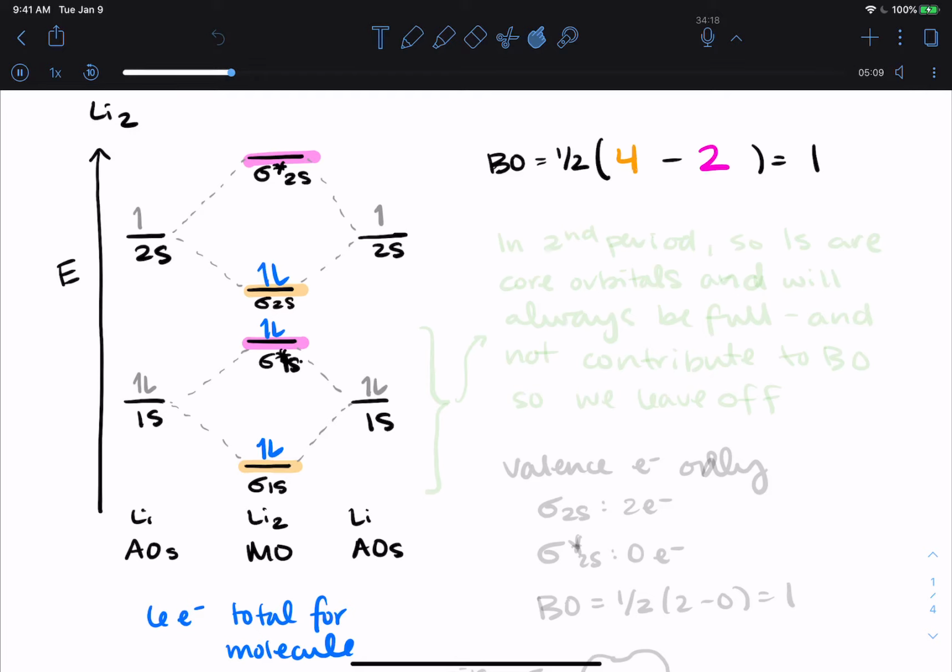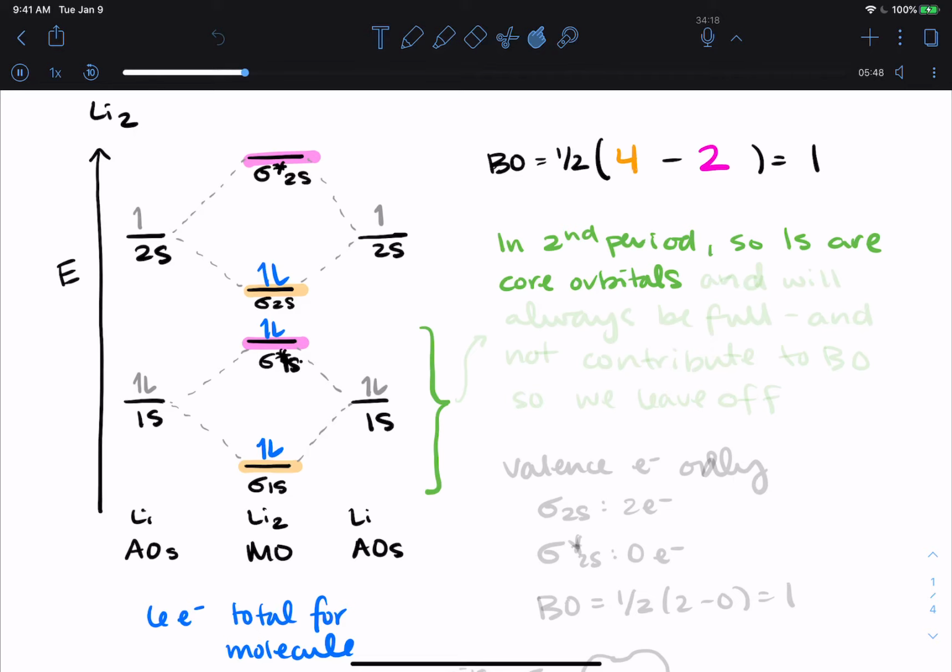But what you will find, and let's do green here. All of this, we've spent a lot of time talking about how important valence electrons are and kind of ignoring everything happening in the core. So we're in the second period now. So the 1s orbitals are core orbitals, and the electrons in them are core electrons.